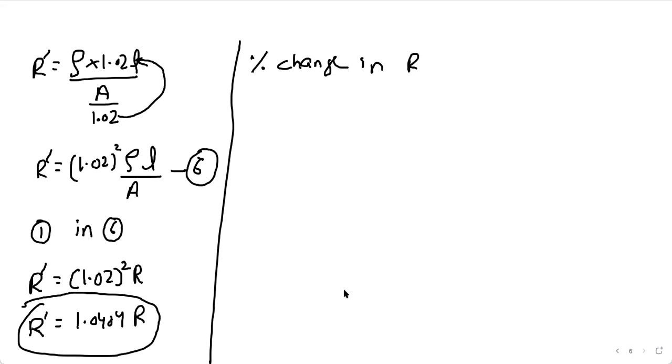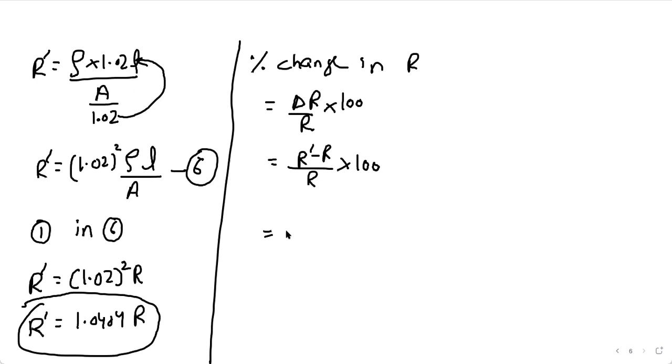Noor, how to get the percentage change in any quantity? So final minus initial by initial into 100. Percentage change is change divided by initial value multiplied by 100. What is the final quantity?